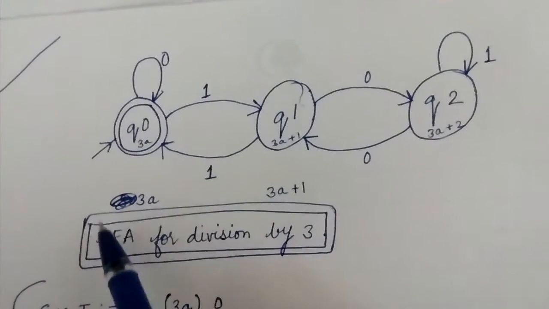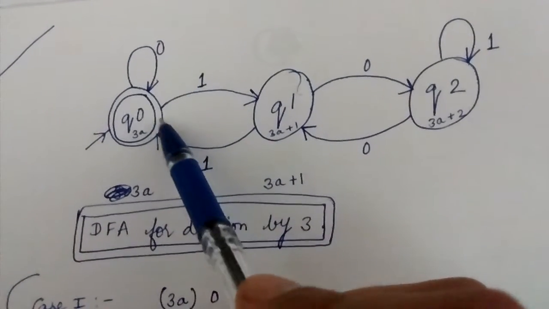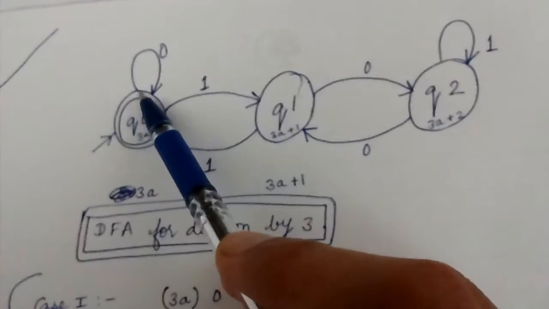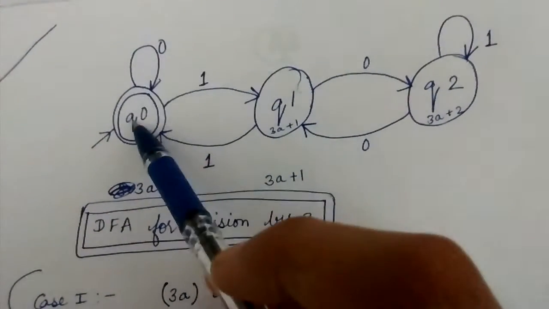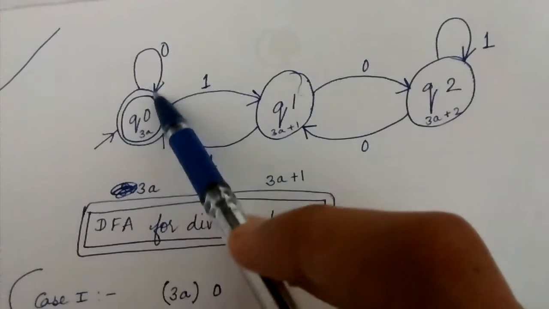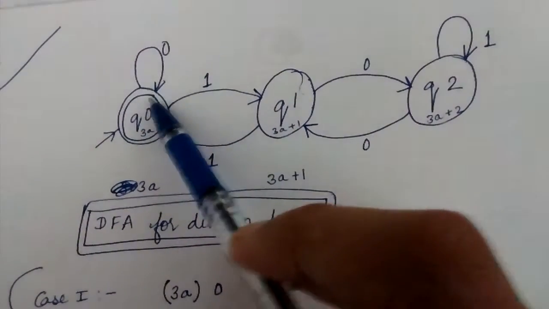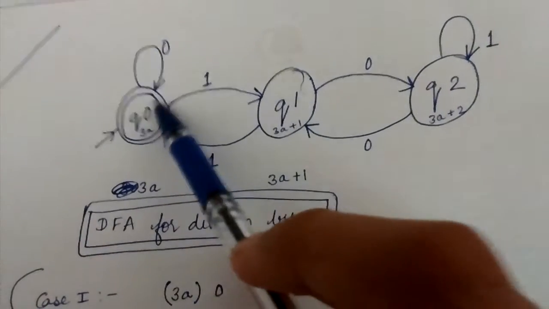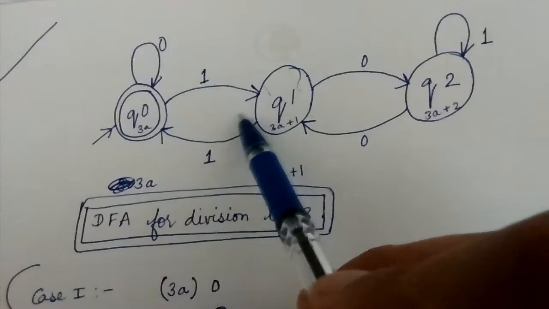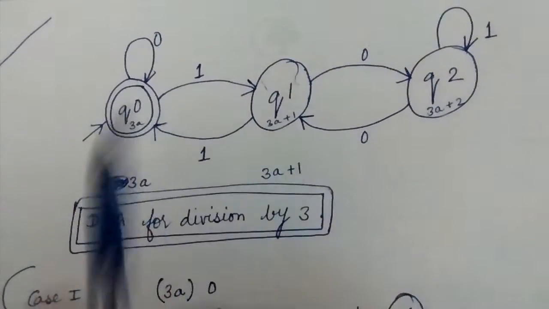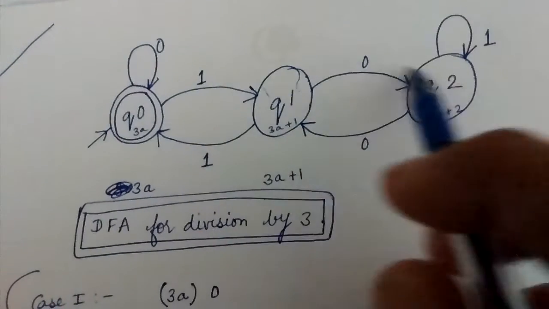Why it is deterministic, I am saying, because if a 0 comes in state q1, it goes for this transition and comes to q0, and if a 1 comes, then it goes to q1. So it's well defined. It's not like on a 1 it can go to q1 and q2.